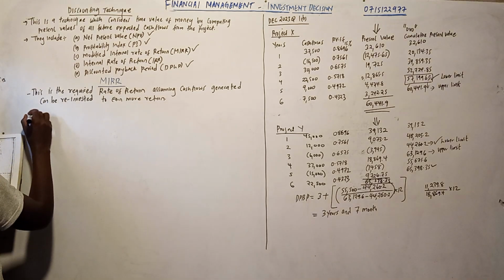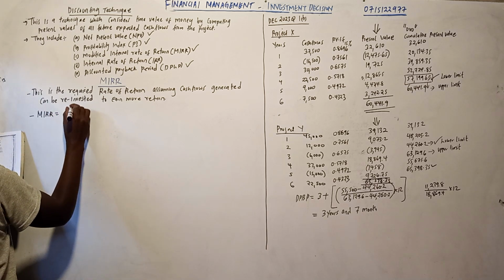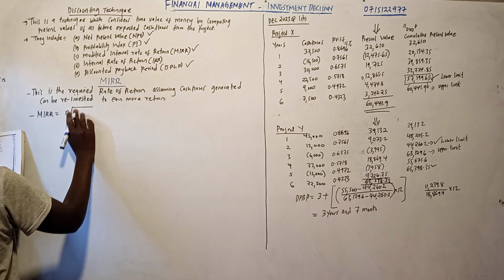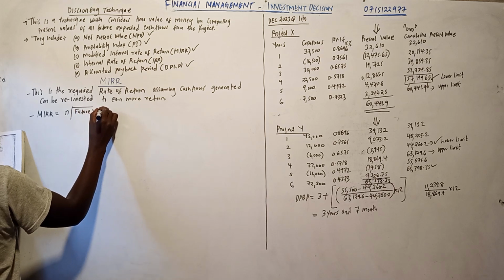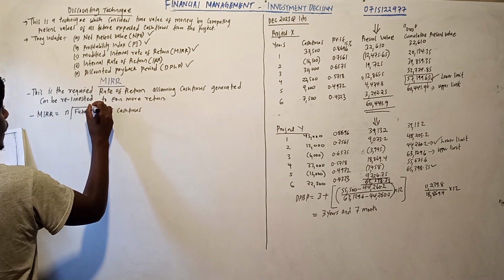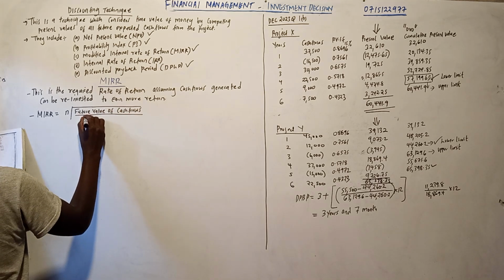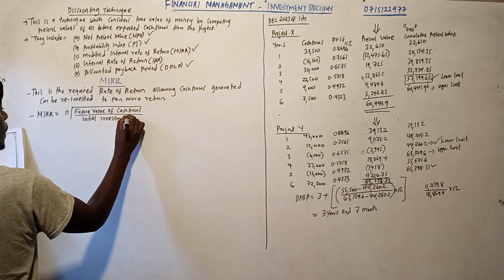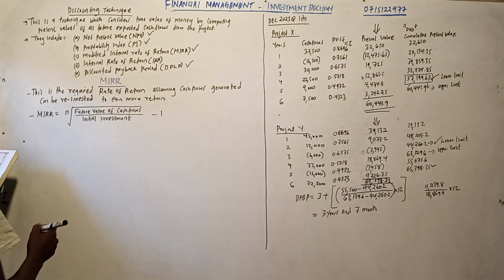So this is the formula. Without wasting time, MIRR is equal to the Nth root of future value of cash flows over initial investment, minus 1. That is the formula.